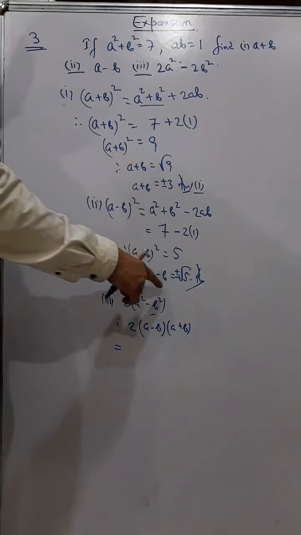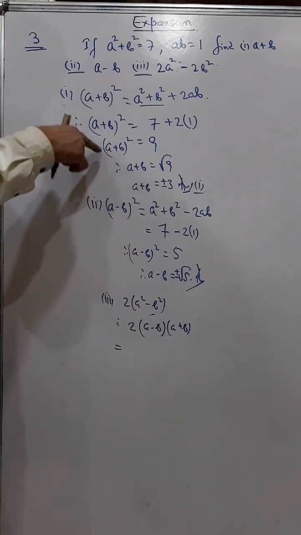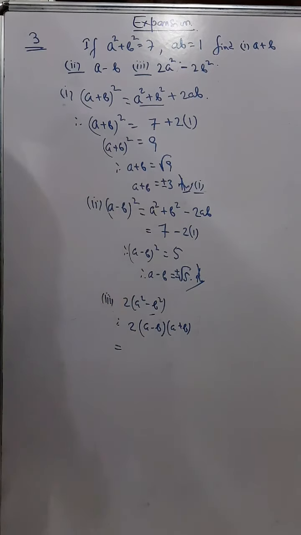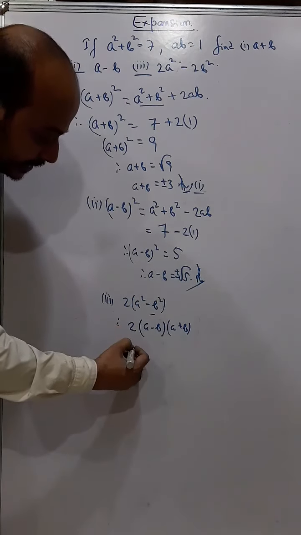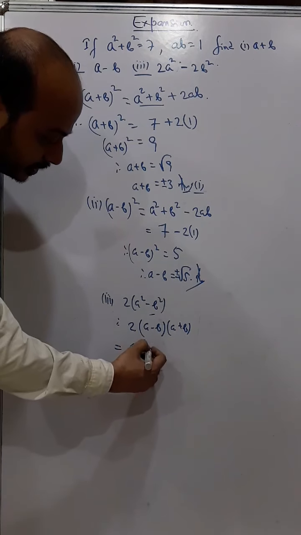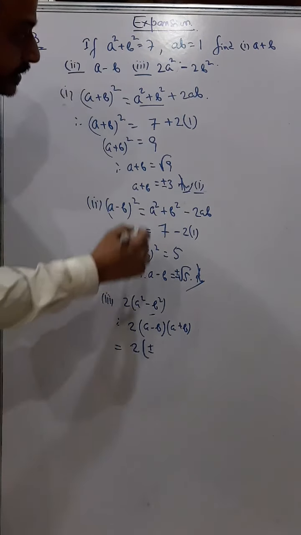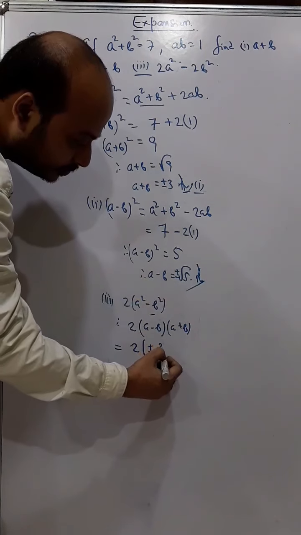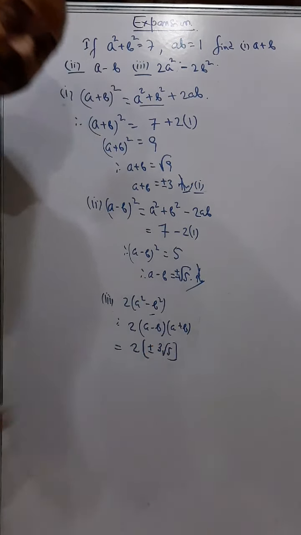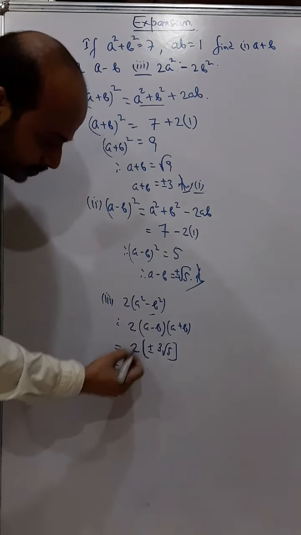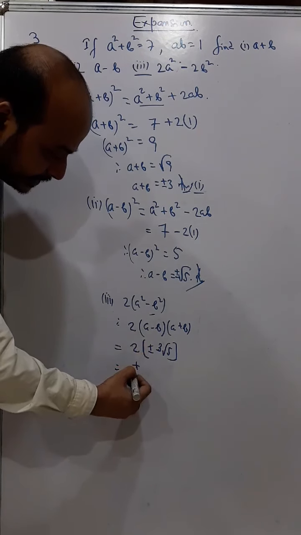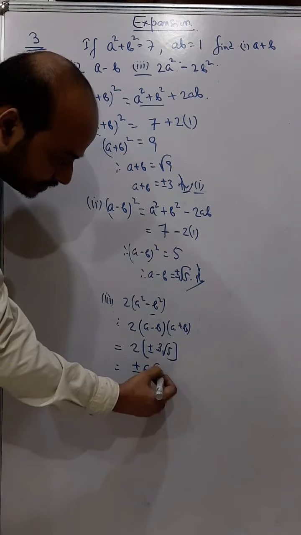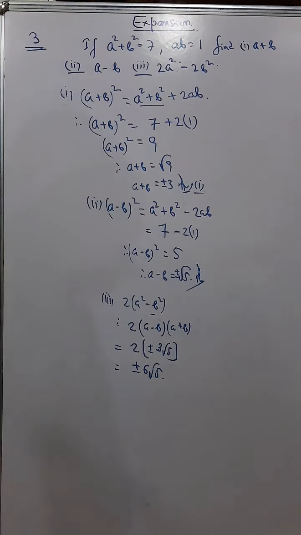We got a minus b as plus minus root 5, and a plus b as plus minus 3. So we can say the final answer is 2 into plus minus 3 root 5, and then 2 will get multiplied. So the final answer is plus minus 6 root 5.